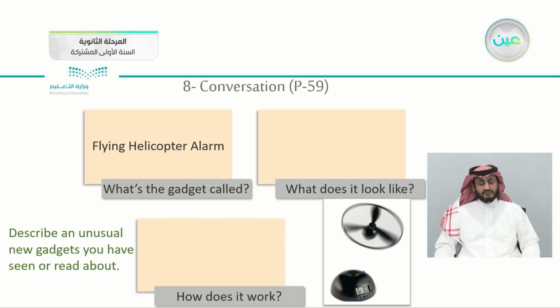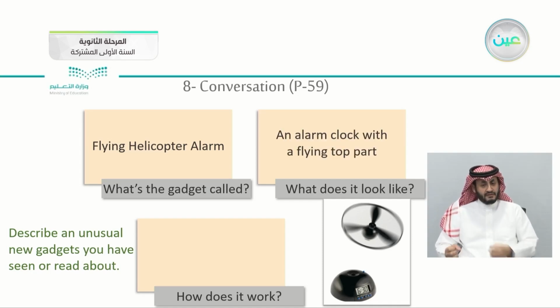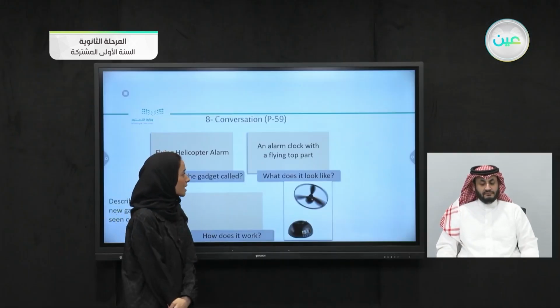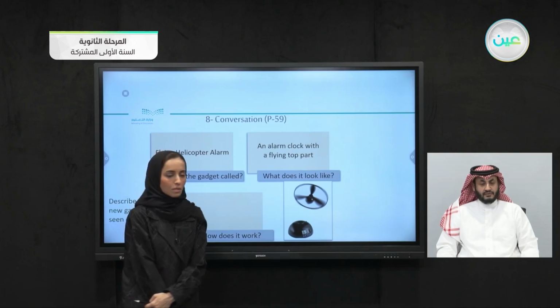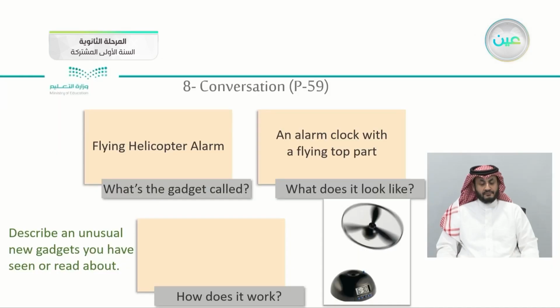What does it look like? Describe the appearance, not what it does. It is an alarm clock with a flying top part. How does it work? What does it do? We have a base and a flying part.